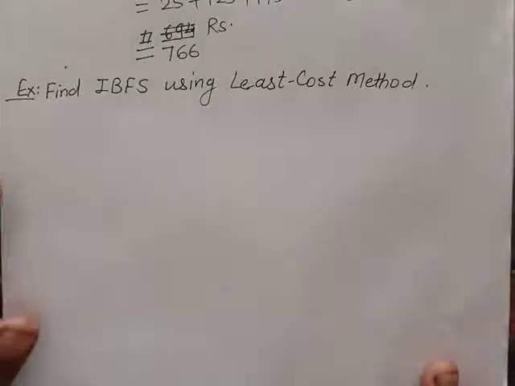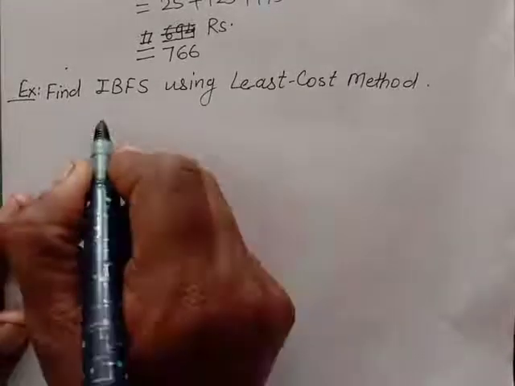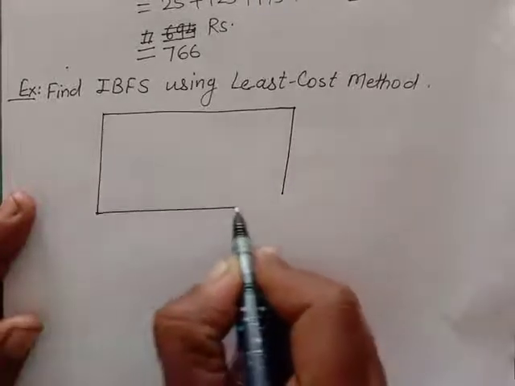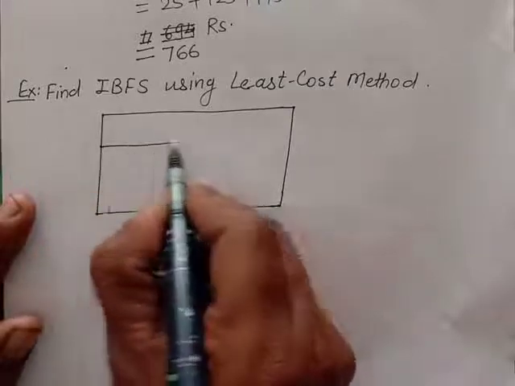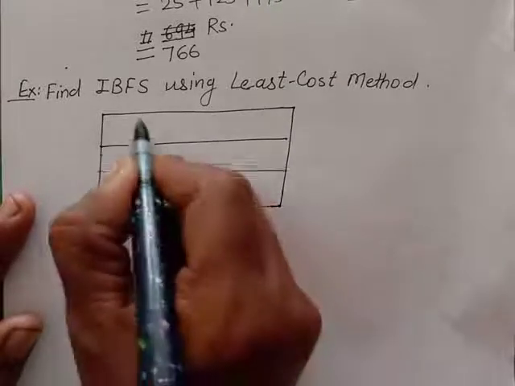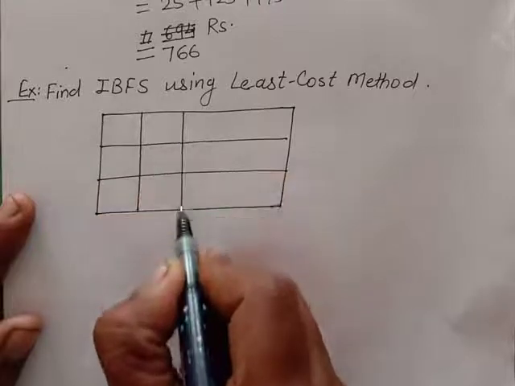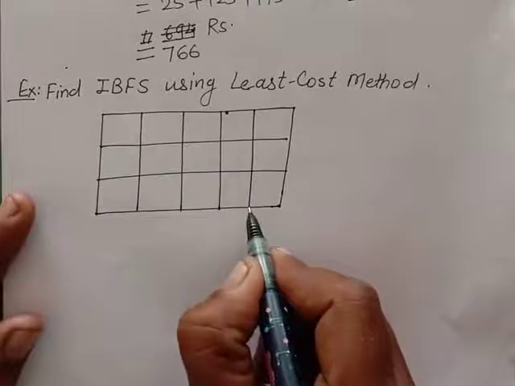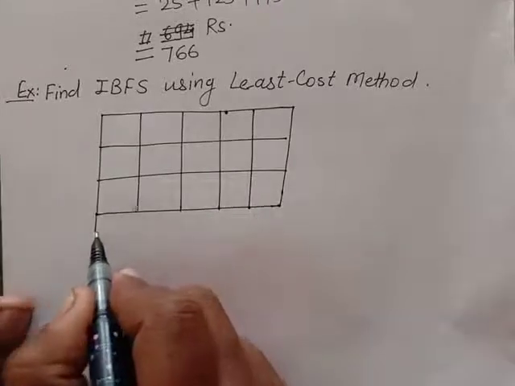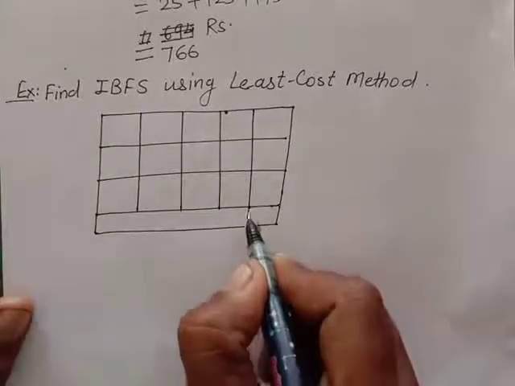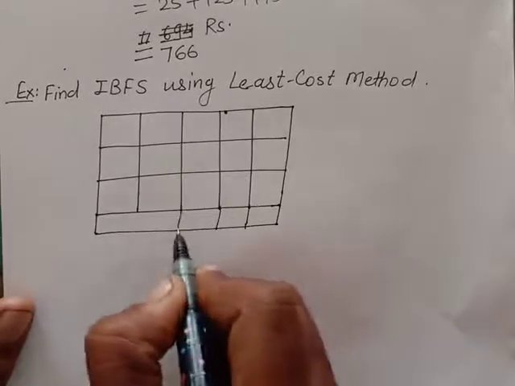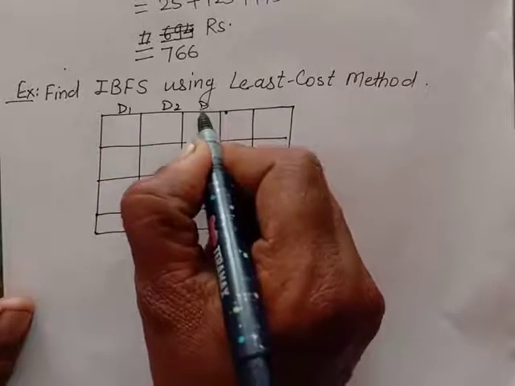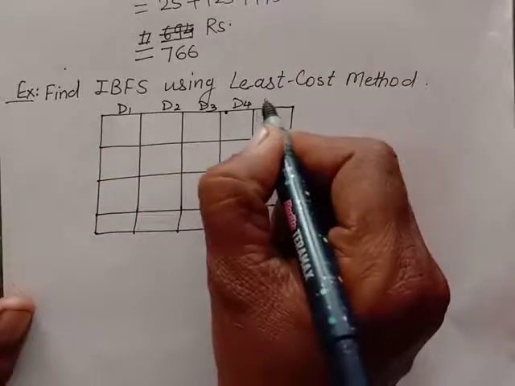Now the TP is given to us. D1, D2, D3, D4 and supply.